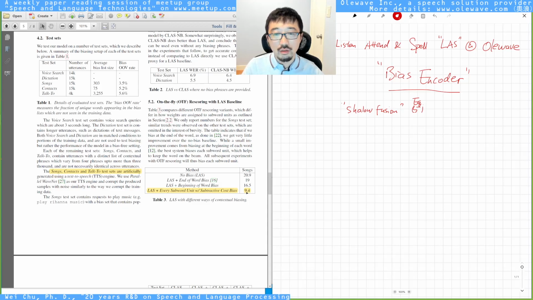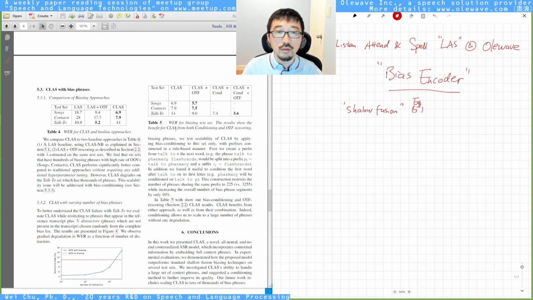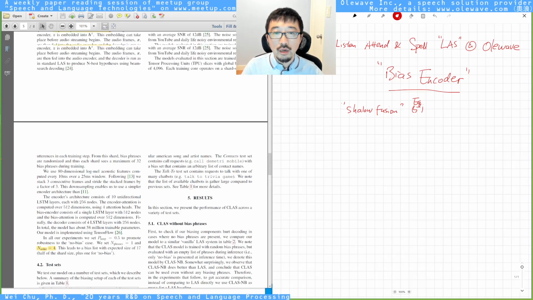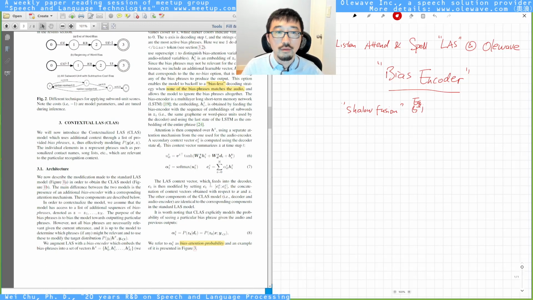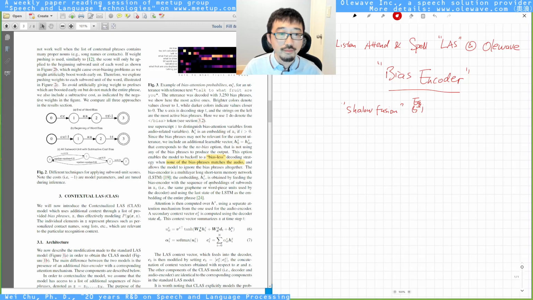I think it's all because of these strange on-the-fly settings. I will also skip section 2.5.2. Let's just focus on the core part of what they propose.